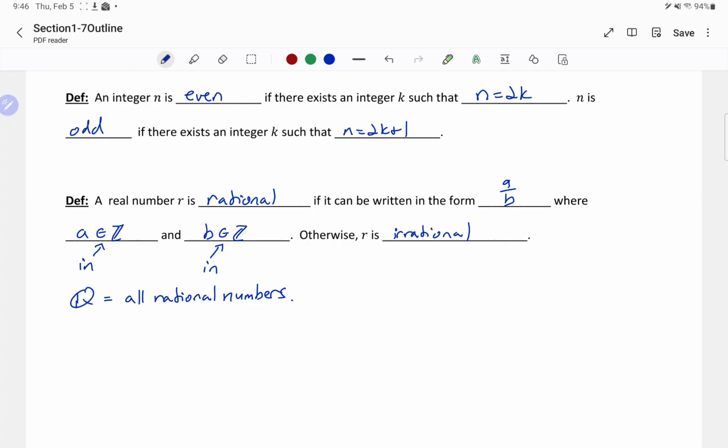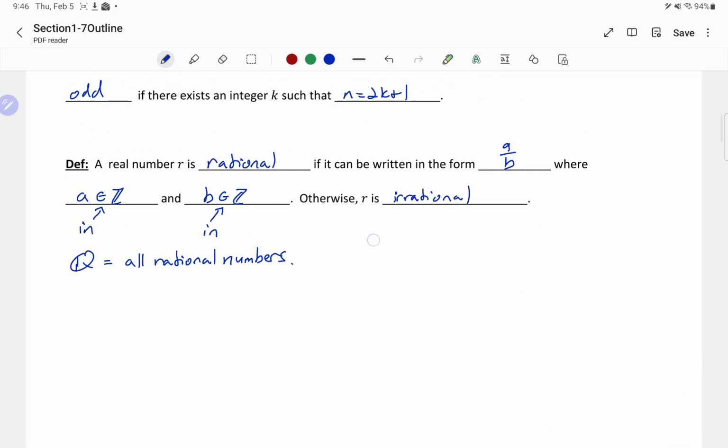Okay? Now, one thing to note about this is integers are rational numbers. Right? So if I've got a number n that is an integer. Is everyone okay with this notation? I'll define it in the next section, but it's helpful if I can go ahead and use it.